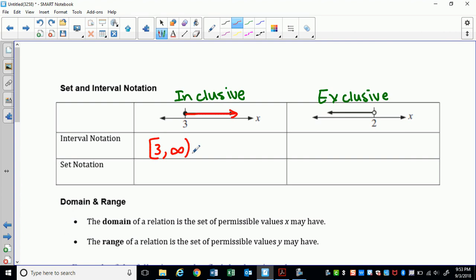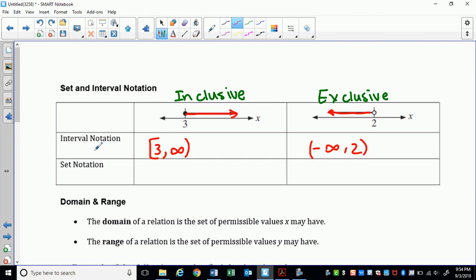It's always got to be a parenthesis. So now I'm going to start at 2, but I'm going to the left infinitely. So I'm starting at, really, I always start from left to right. So I'm starting at negative infinity, and then I'm going all the way up here until 2. I cannot include 2, and of course, since infinity is not a number, I cannot include infinity.